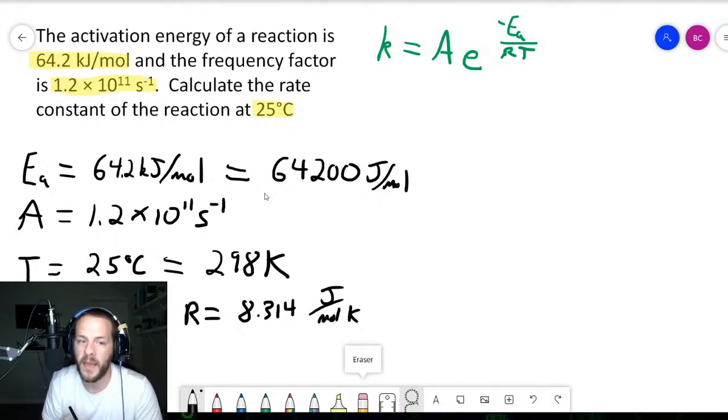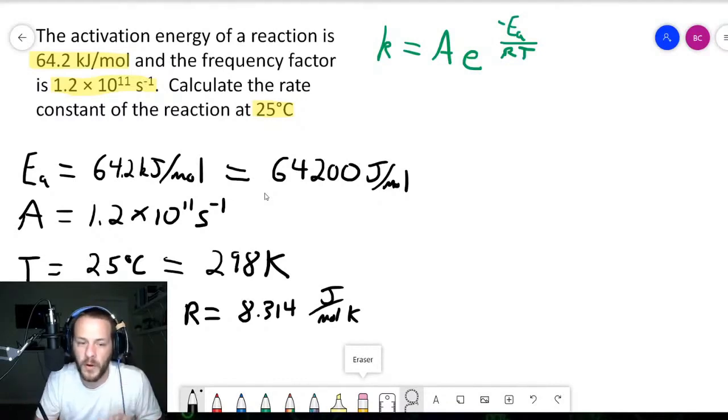So now we have all the information that we need, and we have units that are compatible with the equation, and compatible with one another. And so at this point, the hard part is essentially done.